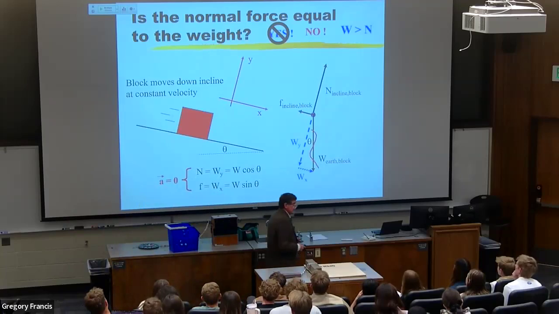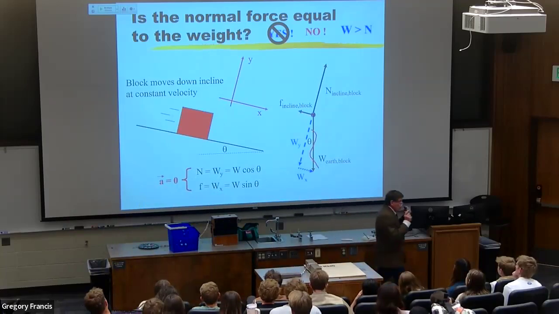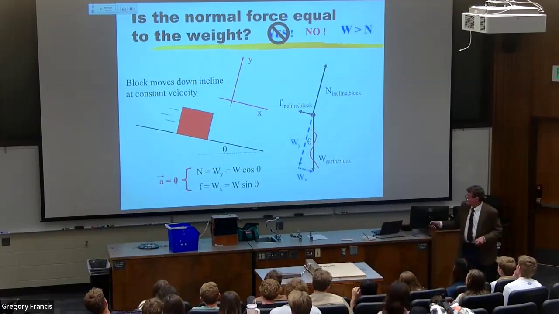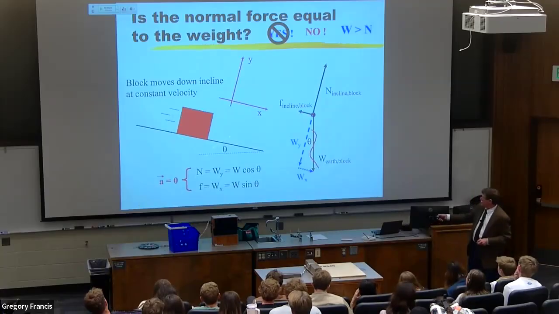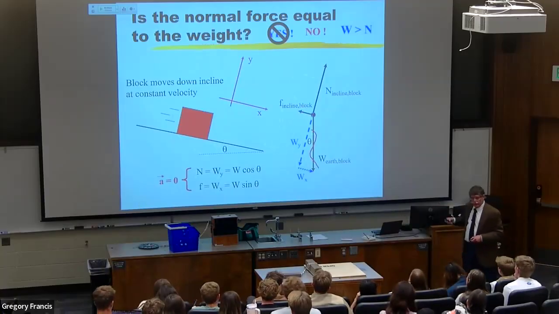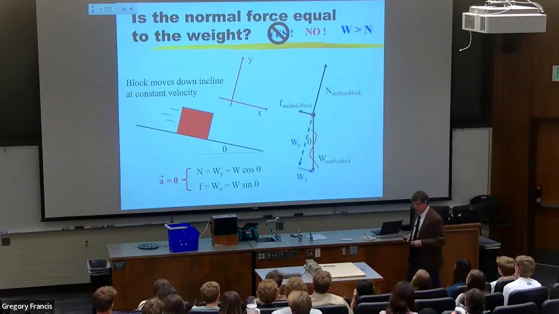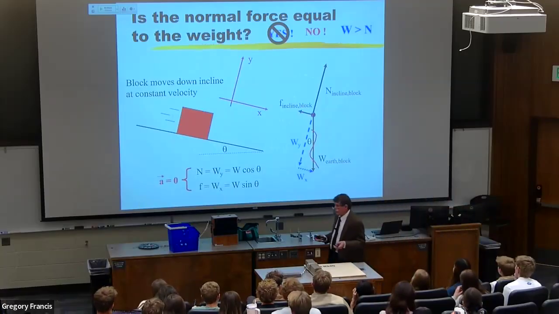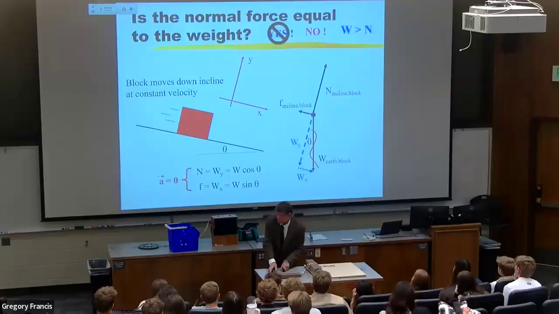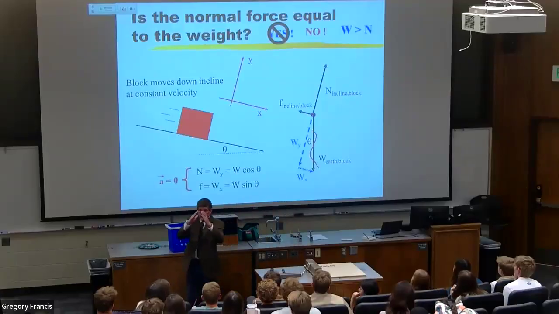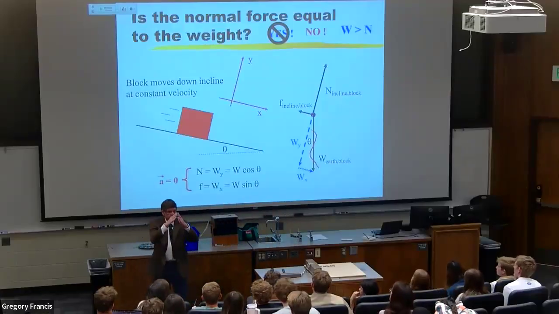Okay? Now, I hope you can see that as that angle gets bigger and bigger and bigger, this y component is going to get smaller and smaller and smaller. And that means the normal force is going to get smaller and smaller and smaller. Now, the friction depends on the normal force. And that's why in Switzerland, when you get up into the mountains and you look at one of those Swiss chalets, they have a very steep roof.